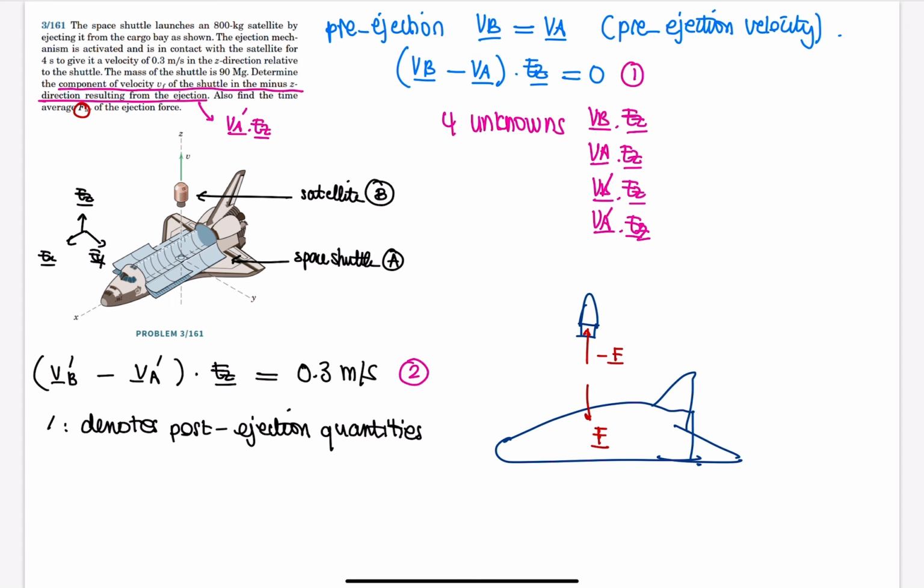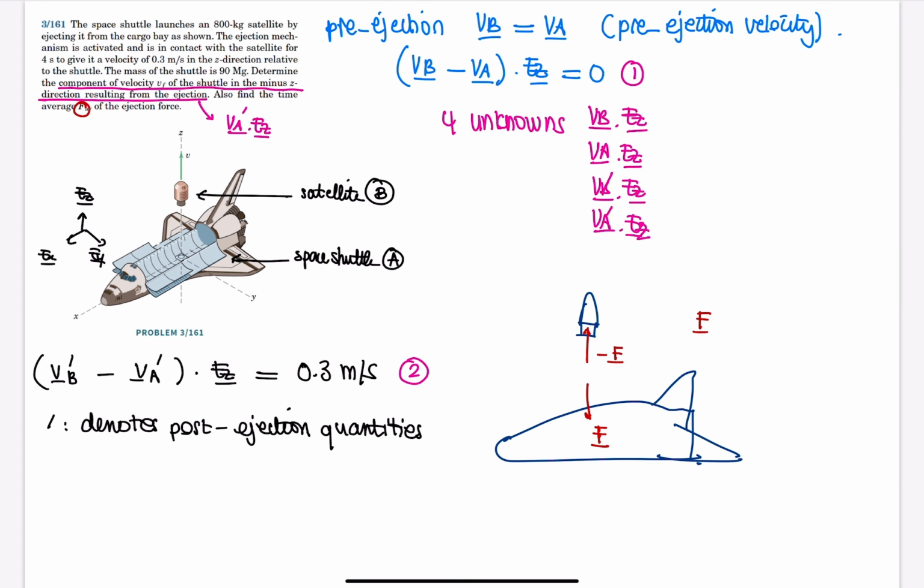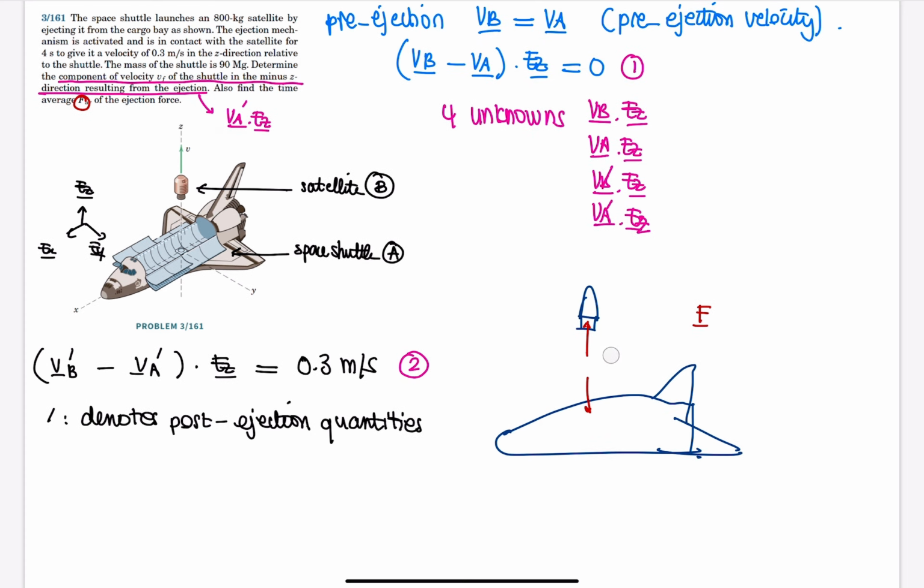So F then is the force applied by the satellite on the shuttle. Actually, let me just flip the directions.